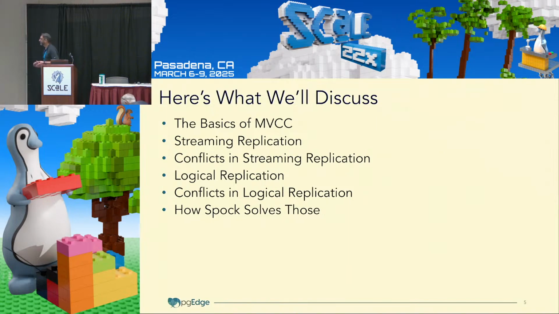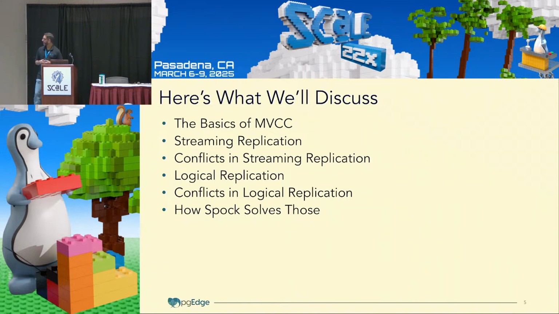So here's what to expect. We're just going to take it gradually and go through replication and how we then look into the conflicts in replication. We'll start with MVCC and see how that plays a pivotal role in causing replication conflicts.